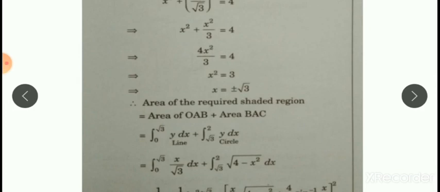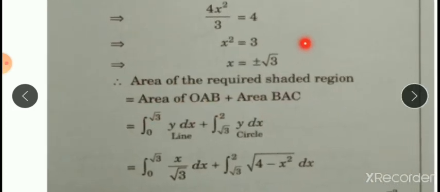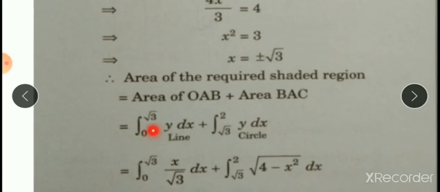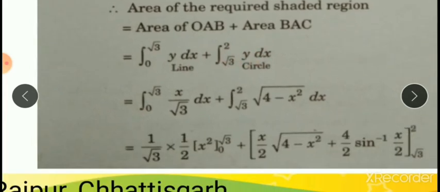Then our required area is here, that is integral 0 to root 3 y dx plus integral root 3 to 2 y dx. Substitute the value of y, x upon root 3 plus root 4 minus x square.